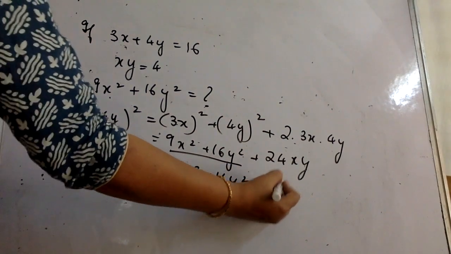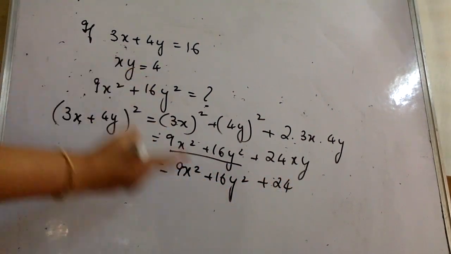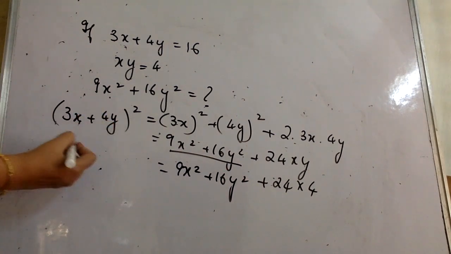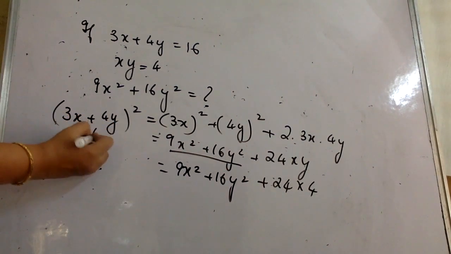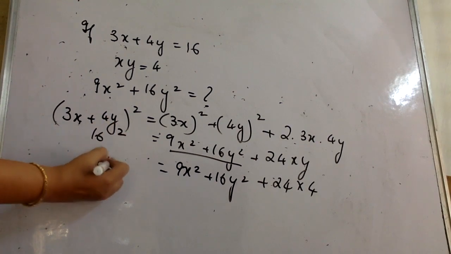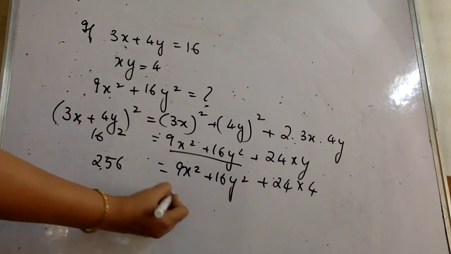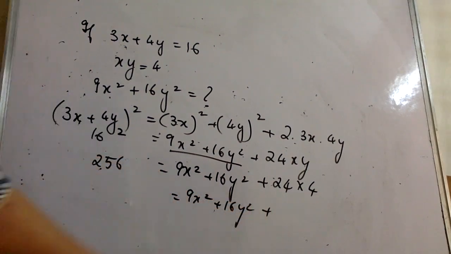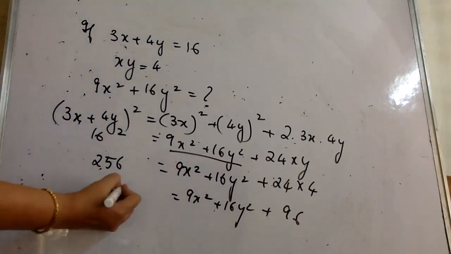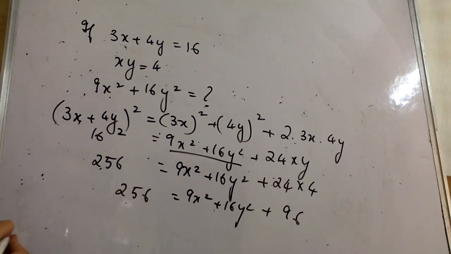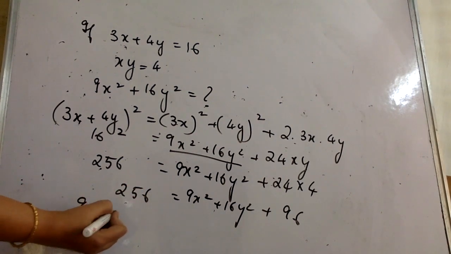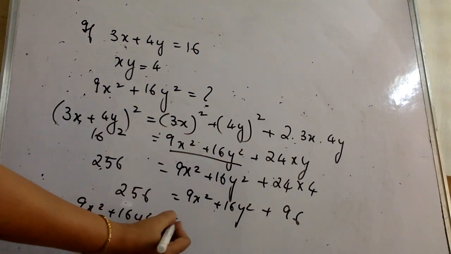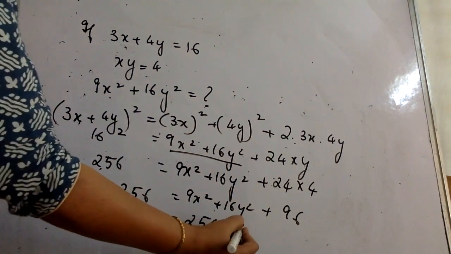Plus 24, and in place of xy I am going to put a 4 now. And that gives me this side: I am going to write here 16 square, that is 256. So 9x square plus 16y square, this side it is 96, this side it's 256. Now I am going to find 9x square plus 16y square. I bring the 96 this side, that is 256 minus 96.